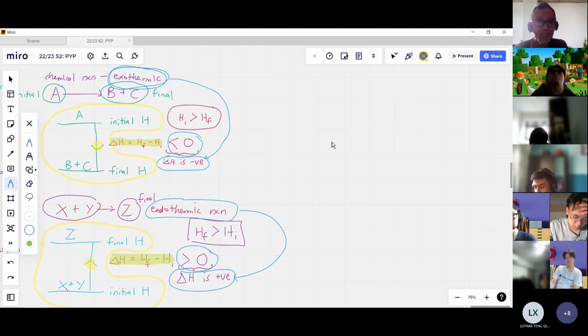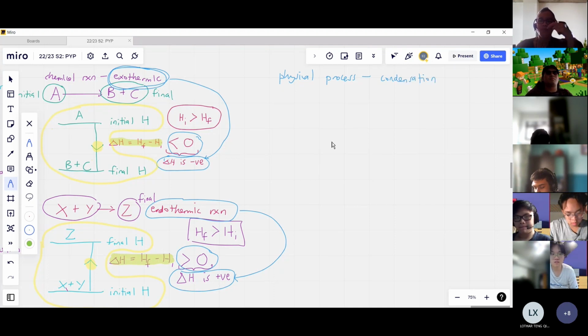So let's say I have this physical process, condensation. Now, I think if you refer to what we have written earlier, condensation, in your head, you already know that is exothermic.